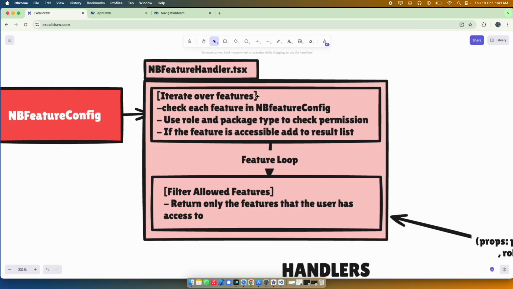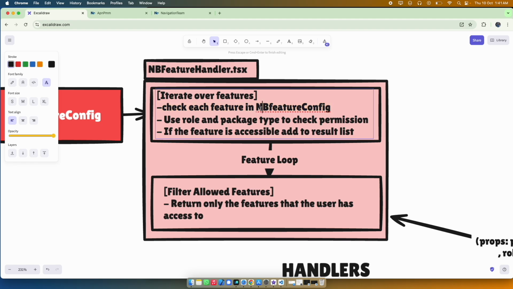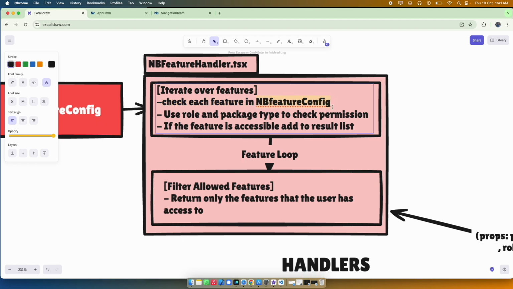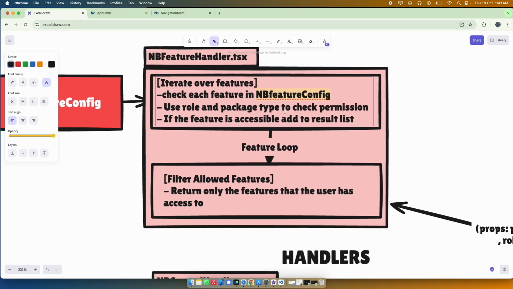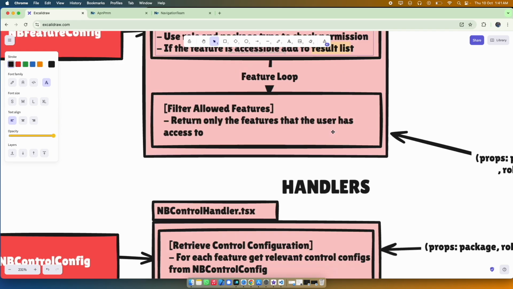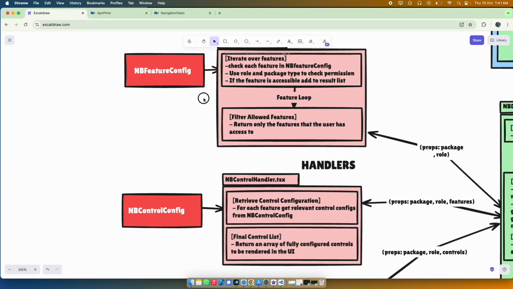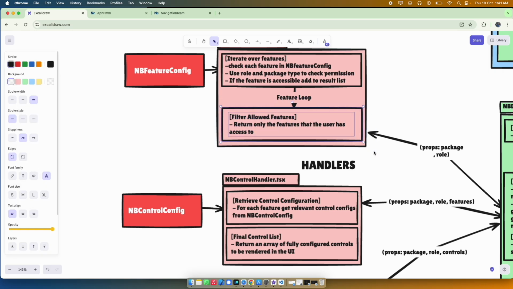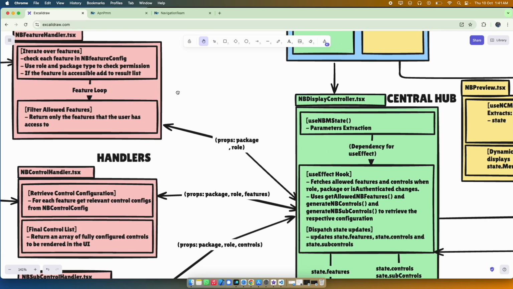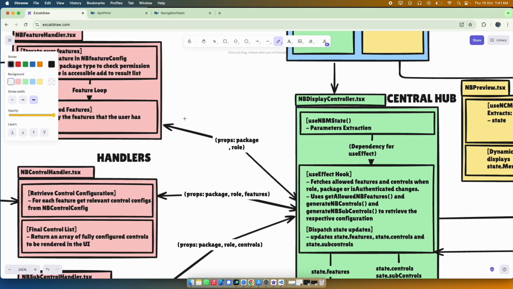This feature handler will parse through the NB feature config based on the package and the role, and it will add that feature to the results list. Finally, after checking all the features based on package and role, it will create a list and return that list to the display controller.